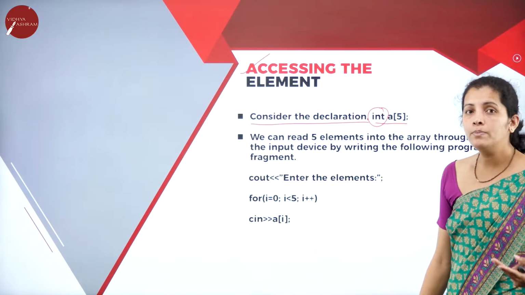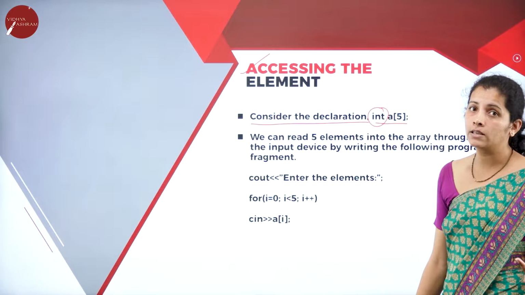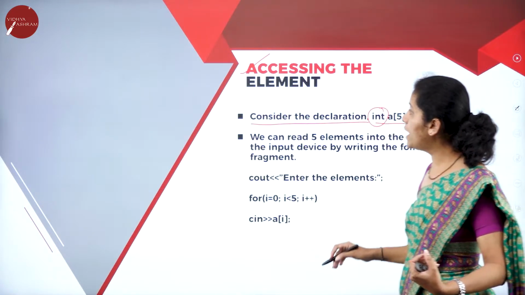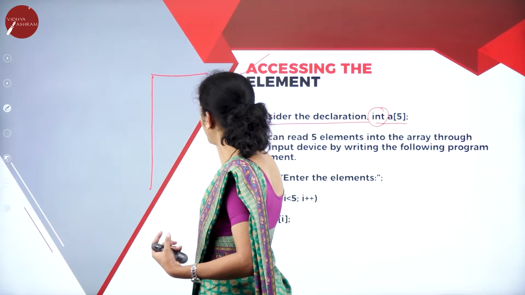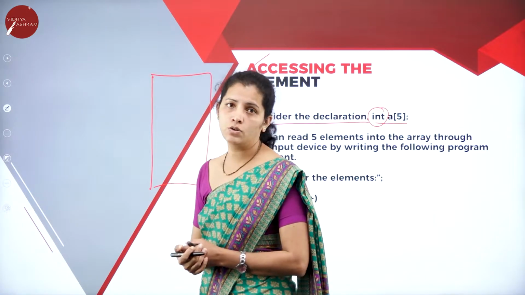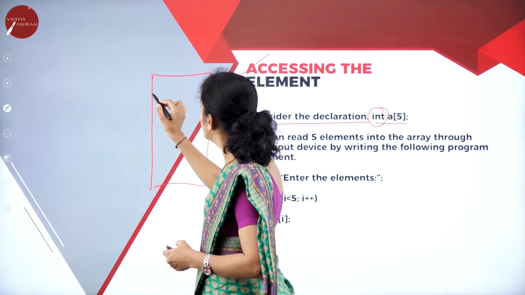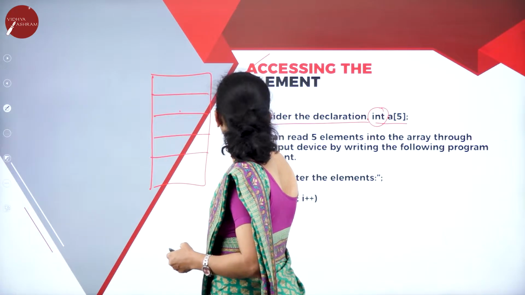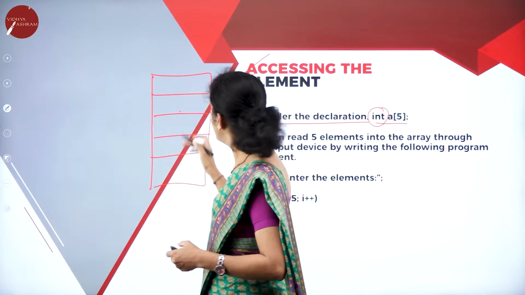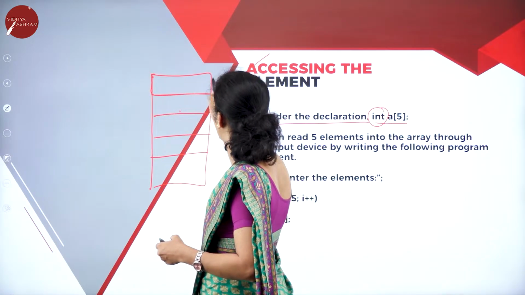Integer. It is capable of holding 2 bytes. Now, 2 into 5, total 10 bytes are reserved. And see, the size of the array is 5, but what is the capacity of each block?